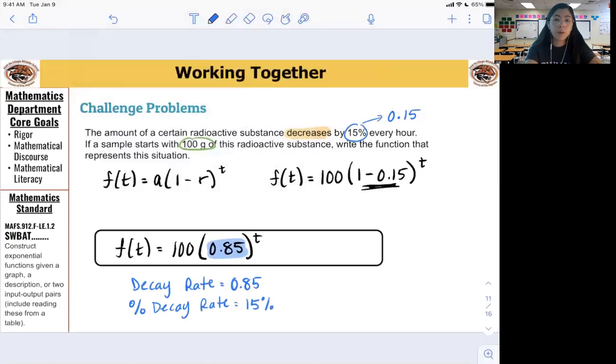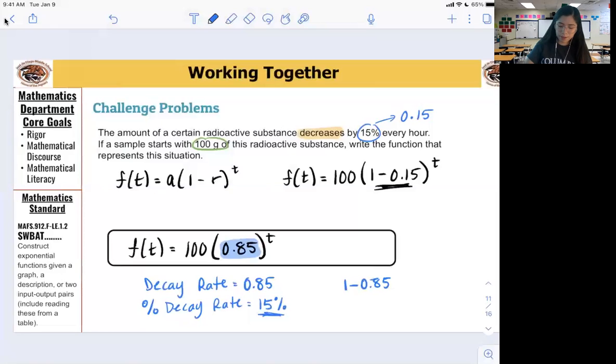You're going to see what was left after you took away that percentage. So you want to make sure you're very careful. If they ask you for the percentage, you have to subtract. You have to do 1 minus the number you see. 1 minus 0.85 brings me back to 0.15, and that's how you get 15%. Questions on this one?